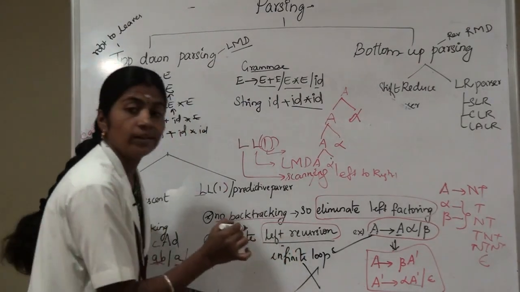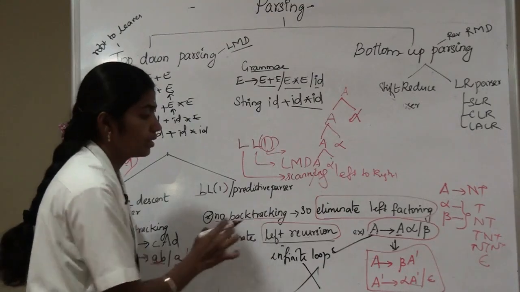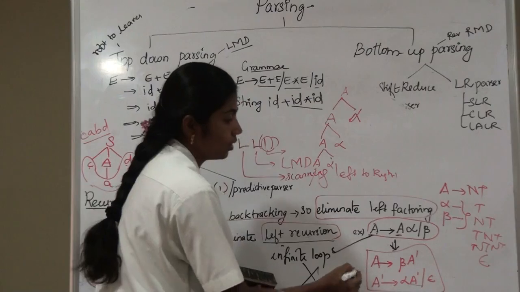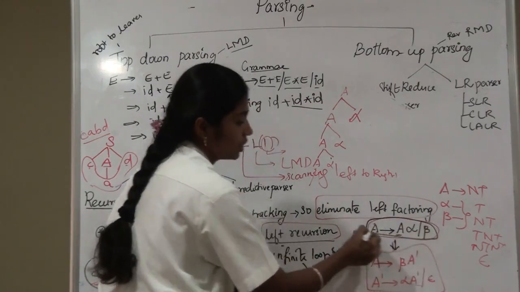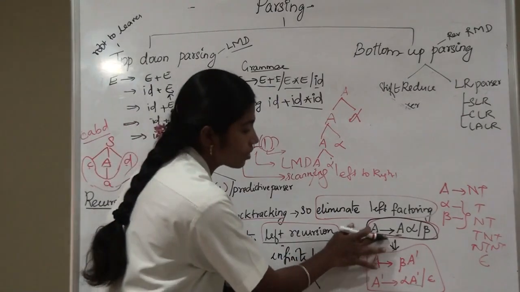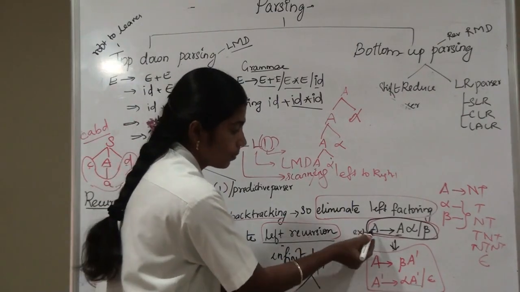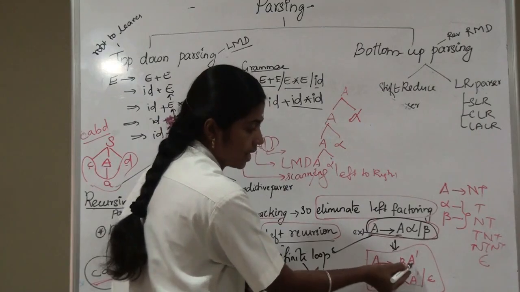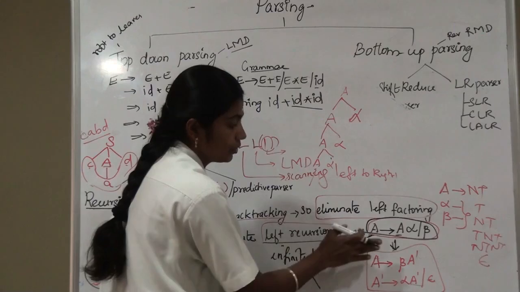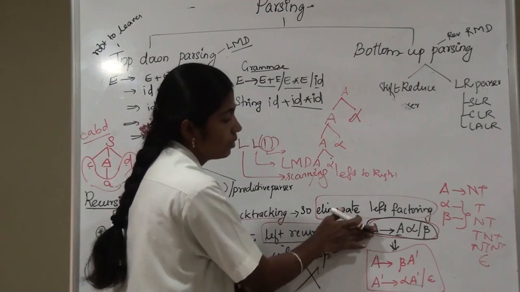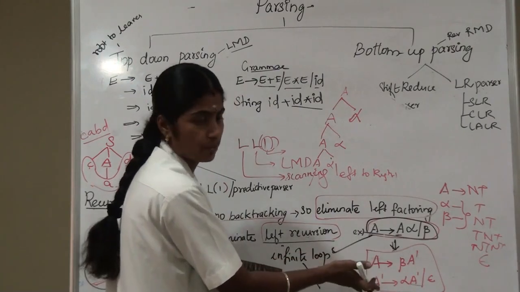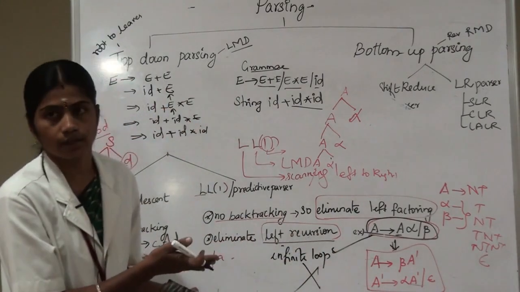To avoid this infinite loop, you have to eliminate the left recursion in your grammar. So what is the rule? If you have a production of the format A derives A alpha slash beta, then it has to be transformed like this. That is, A derives beta A dash. A dash is our new term. To eliminate left recursion, you form such productions: one production is changed into two different productions that do not have recursion.